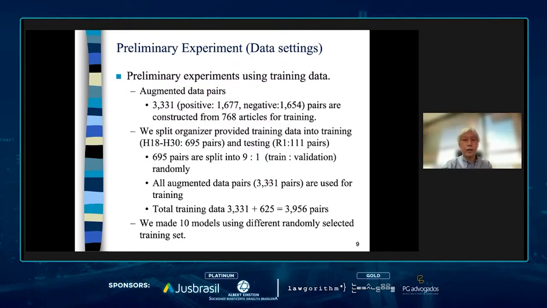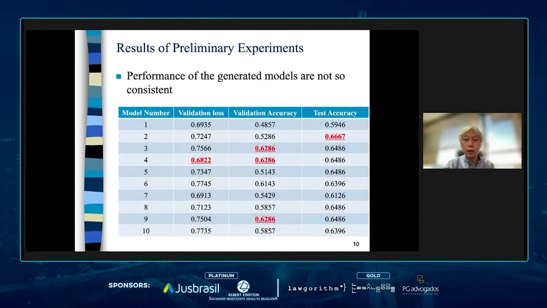In order to check the variability, we made 10 models using different randomly selected training sets. This table shows the performance of the generated models using validation loss, validation accuracy, and test accuracy.